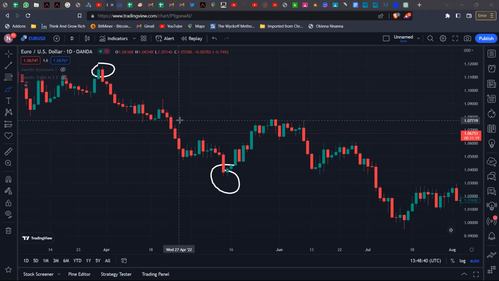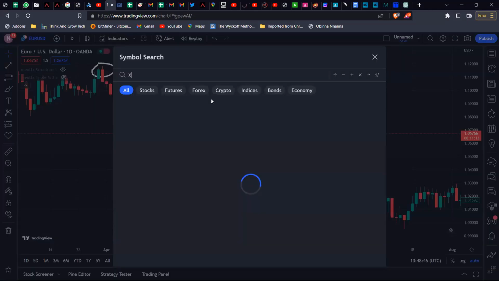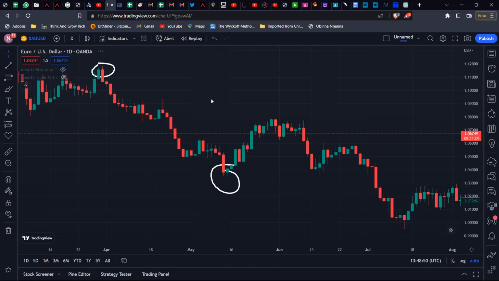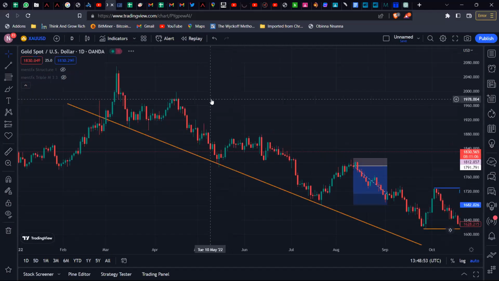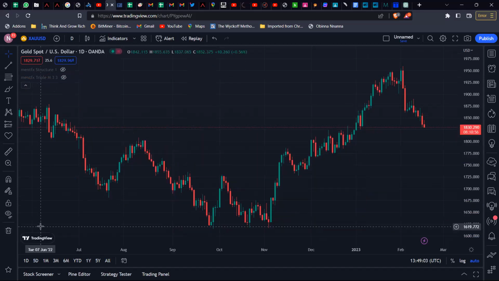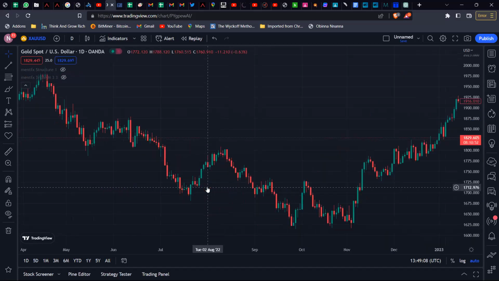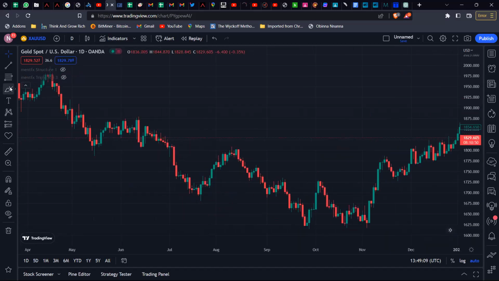Now I want to use an example of another block that is very visible, so you get the idea. XAU-USD. Okay. Now let's look at this, for instance, right?